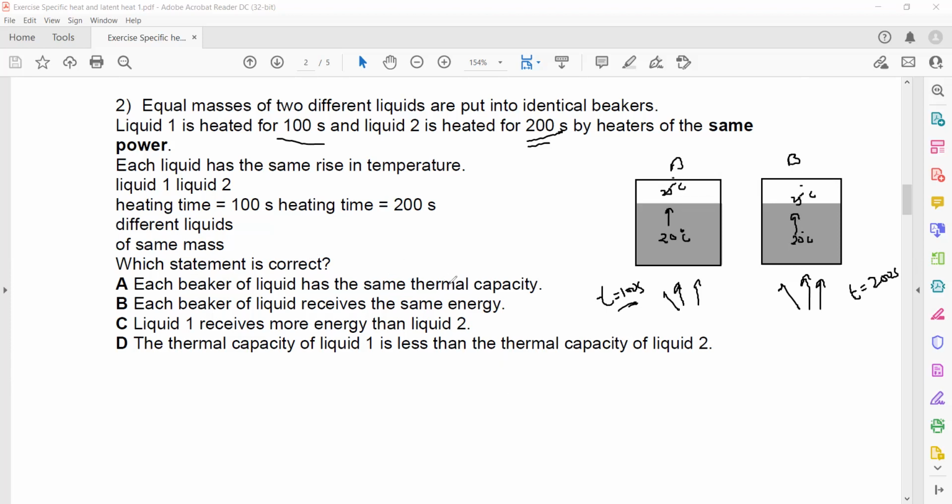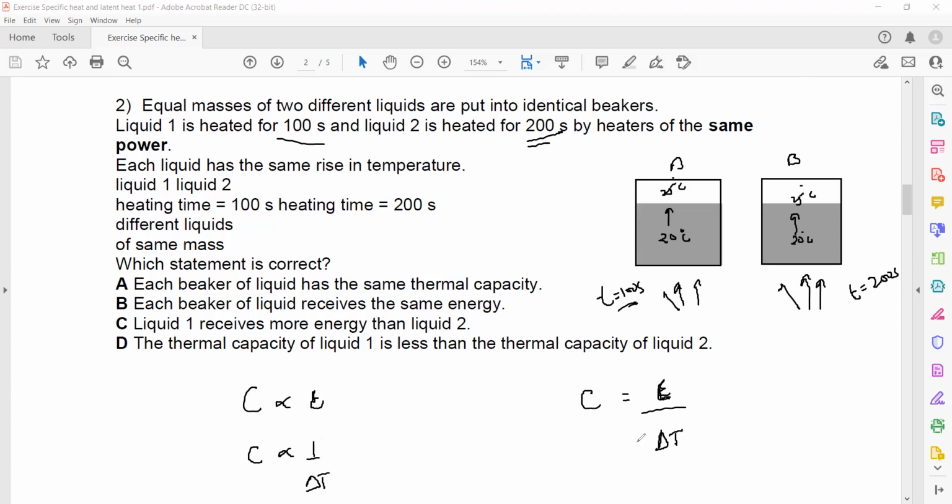So when we compare, thermal capacity is energy divided by temperature change. It means the thermal capacity is directly proportional to energy and inversely proportional to temperature change.